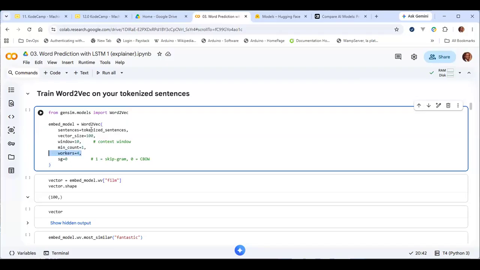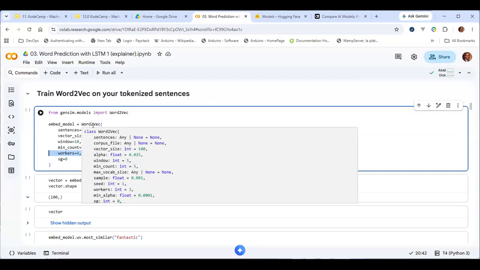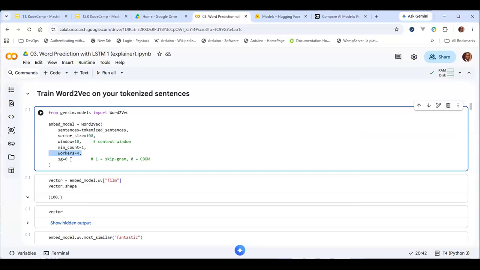Workers is basically a computation thing. The more workers you have, the faster it will do the embedding, because it's doing it in parallel, essentially. SG is skip-gram. I will talk about skip-gram later on.